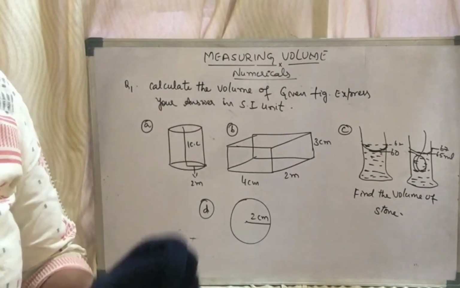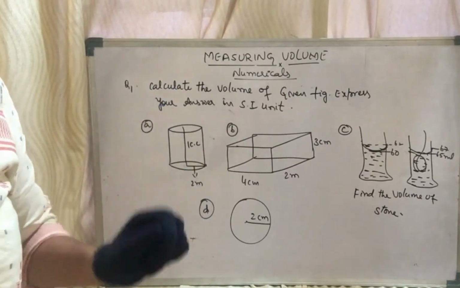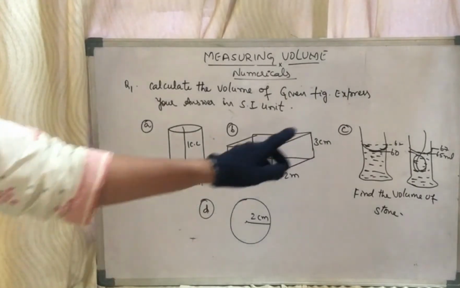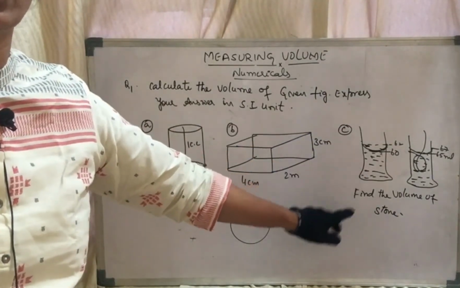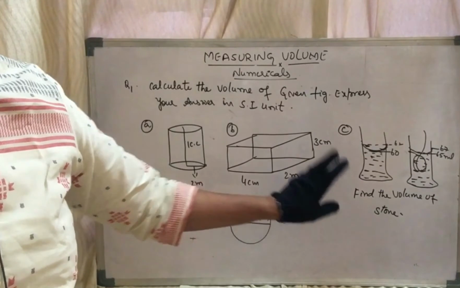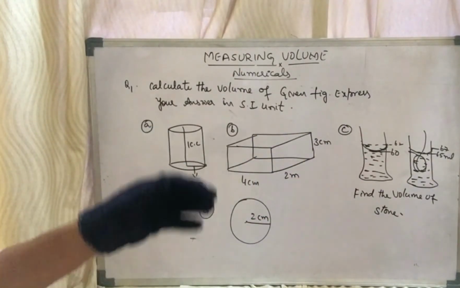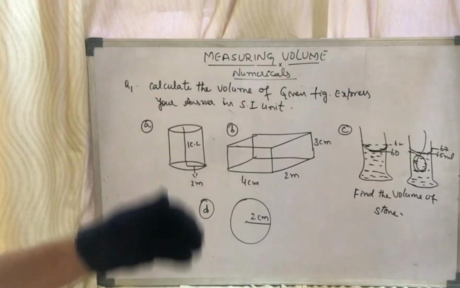Do not forget to give the final answer in meter cube. These are all the diagrams I have given. This one is an irregular body whose volume you have to find out. Please calculate it on your own. Try to solve it, use the formulae accordingly and take care.